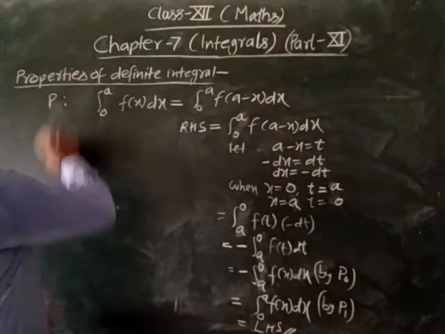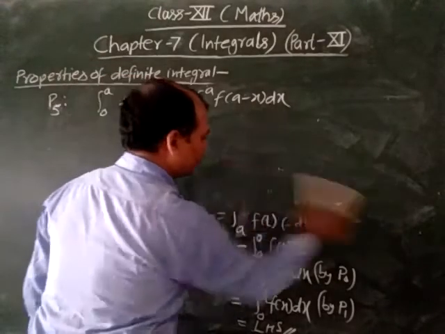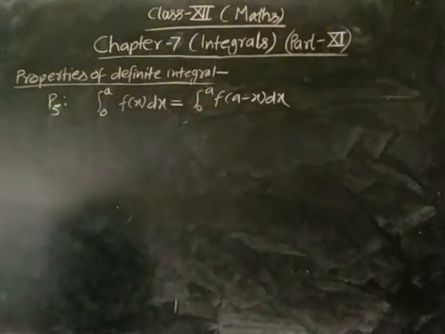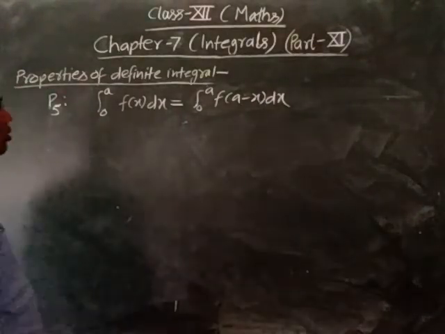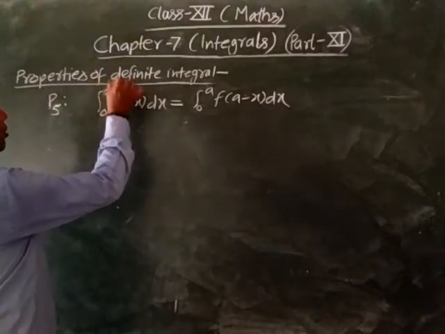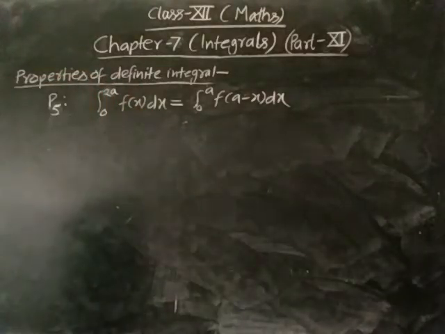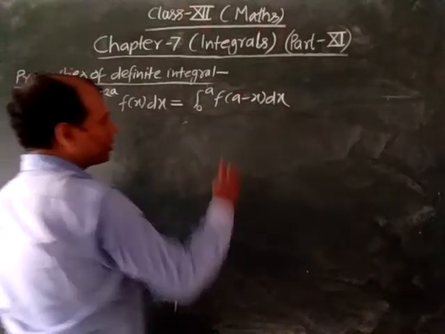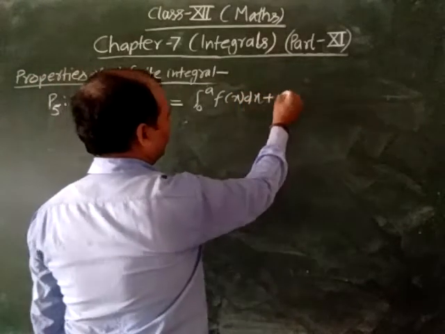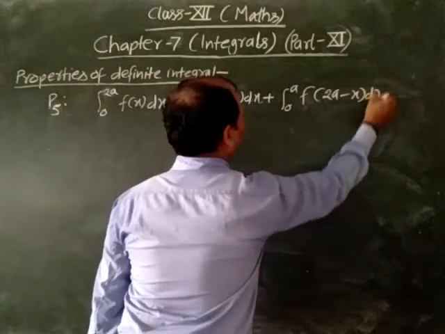Now the next property is P5. In this property, integral from 0 to 2a of f(x) dx equals integral from 0 to a of f(x) dx plus integral from 0 to a of f(2a minus x) dx.